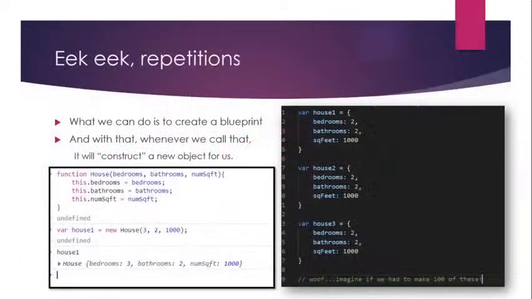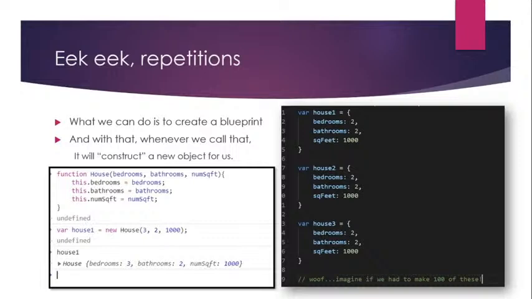Let's see to it. Imagine that you have a data set of houses. So in the house 1 object, you say bedrooms, bathrooms, square feet as 2, 1, 1000, and house 2 has the same way, house 3 has something the same way, which can differ, of course. But let's think that if we have 100 or 1,000 objects like this, are we going to type that again and again?